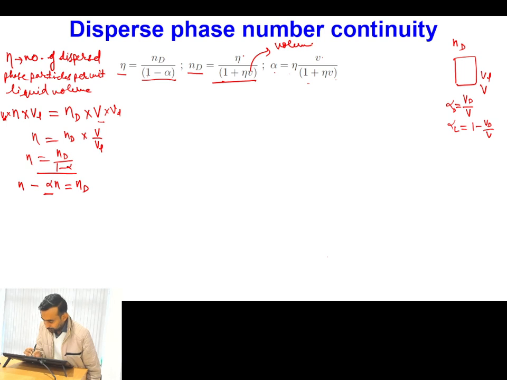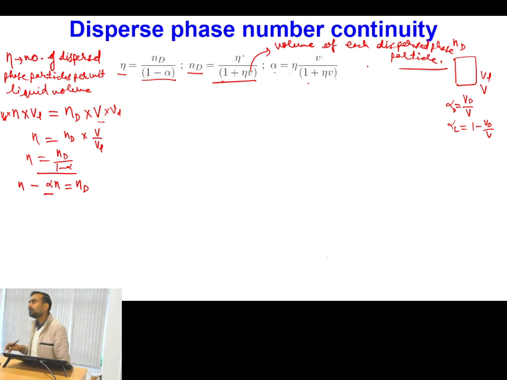This is important to know. This is the volume of each dispersed phase particle. Is this one clear?